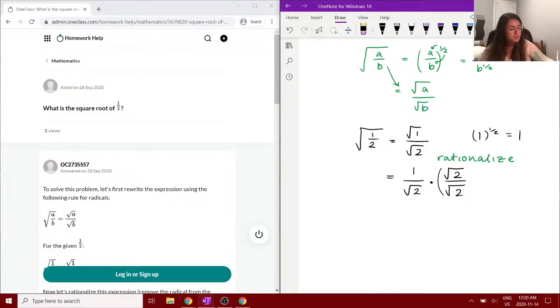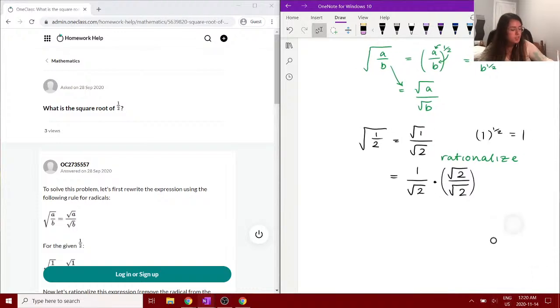When we multiply by this rationalizing term, you can see that essentially this rationalizing term is equal to 1. That's why we're allowed to multiply our term by this factor, because it is equal to 1.